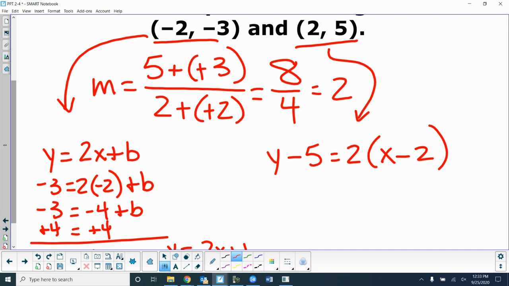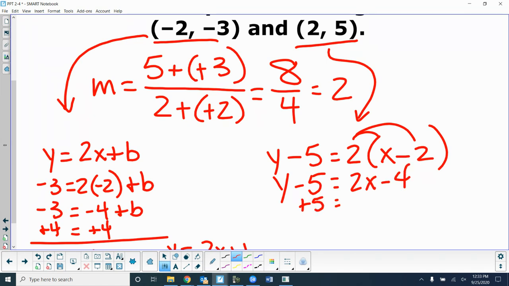So it's y minus the y, which is 5, equals m, we figured it out, 2, x minus the x, which was 2. Distribute. Add the 5. What's -4 plus 5? Positive 1, right?